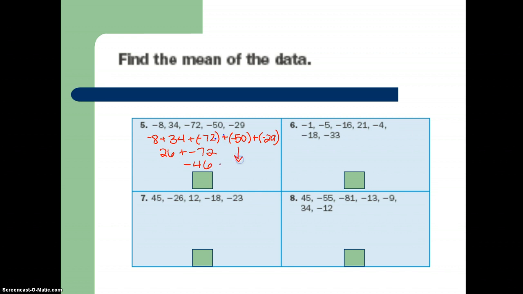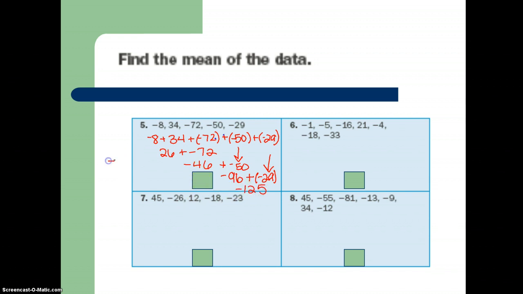Then bring down the negative 50. See how I keep myself organized by bringing down one number at a time? Same sign, so we just add: negative 96. Bring down the negative 29, add, and you get negative 125.